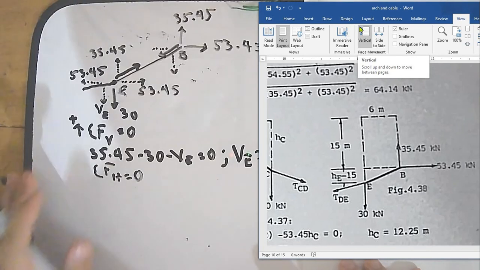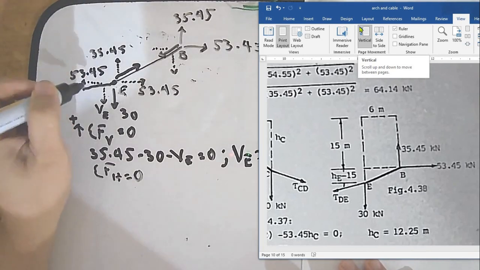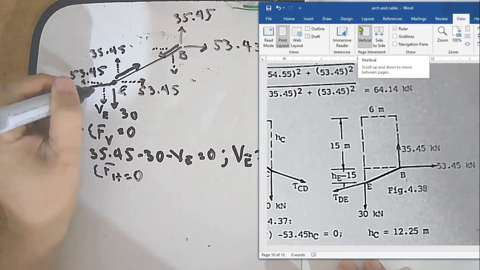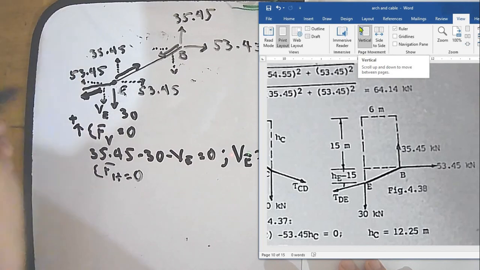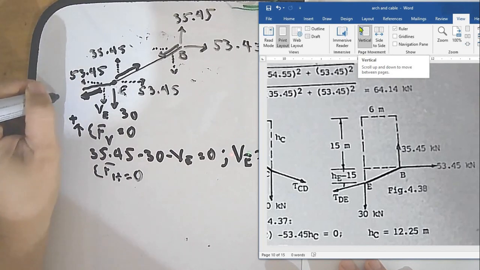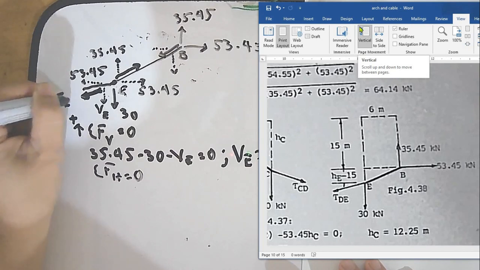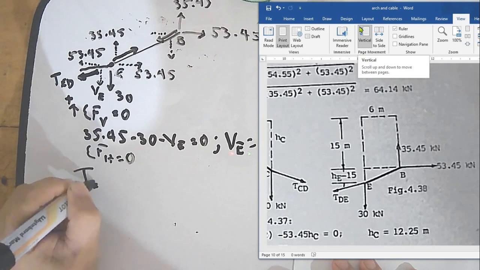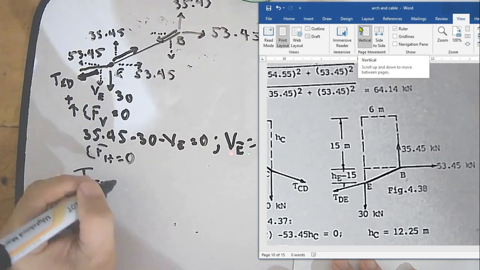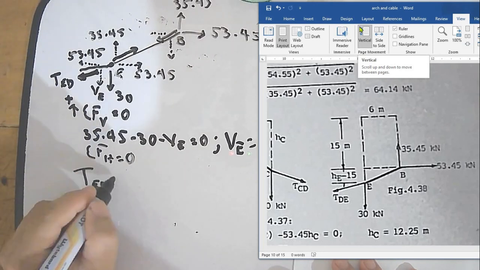So, notice na meron na tayong horizontal and vertical component ng tension dito. So, we will now solve for this tension force. Okay? Let's take this as tension ED. So, tension ED, that is simply the same as tension DE, ano?